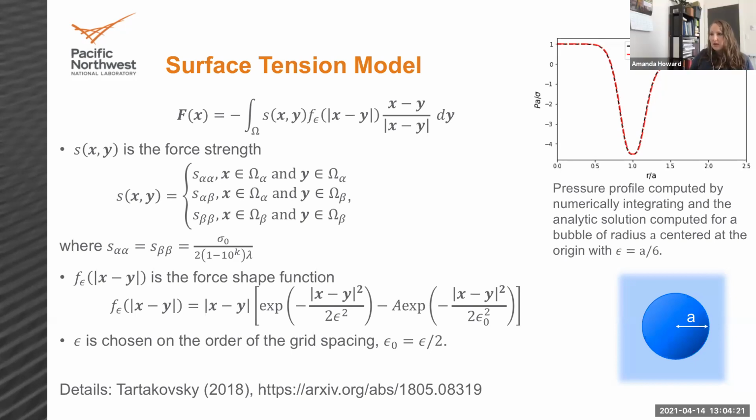The reason we use this instead of Lennard-Jones: I could do this same simulation with Lennard-Jones. These look very similar. The reason we use this force shape function instead of Lennard-Jones is because for a static bubble, we should be able to solve for this pressure profile analytically. And for Lennard-Jones, this integral doesn't converge.